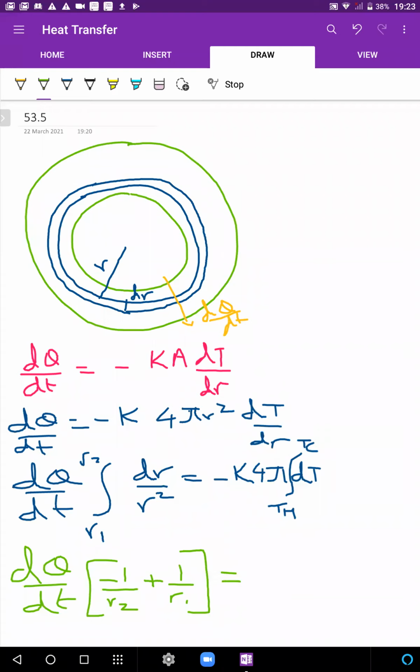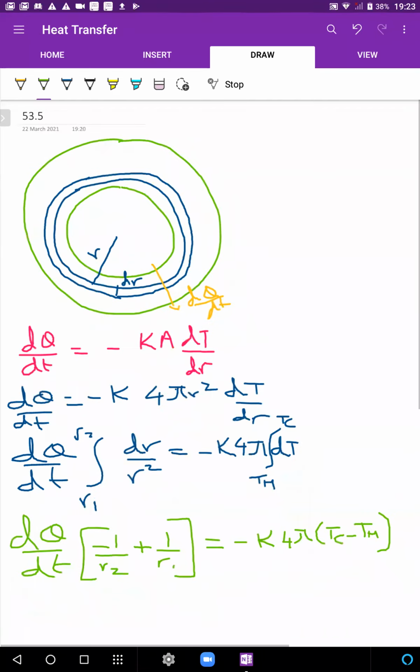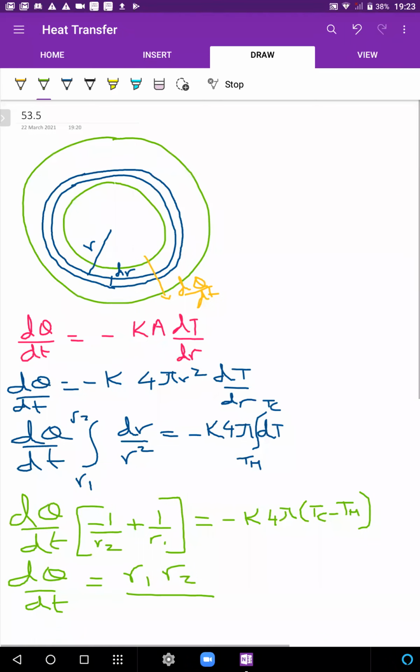And यहाँ पे this is going to be minus k 4 pi tc minus th. So dq by dt becomes r1 r2 r1 minus r2 k 4 pi th minus tc.